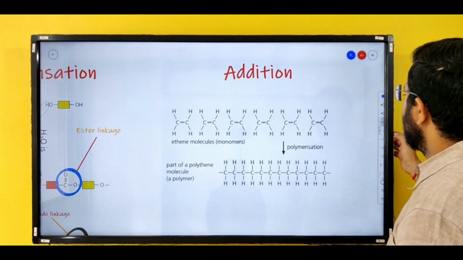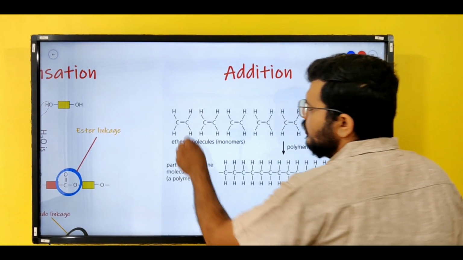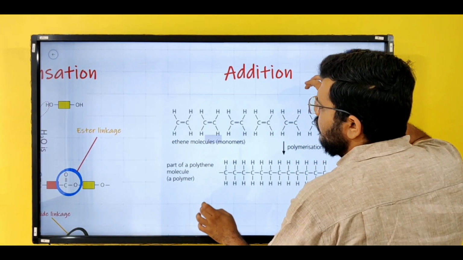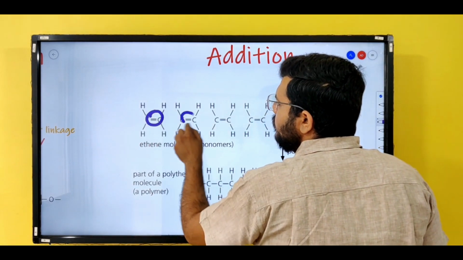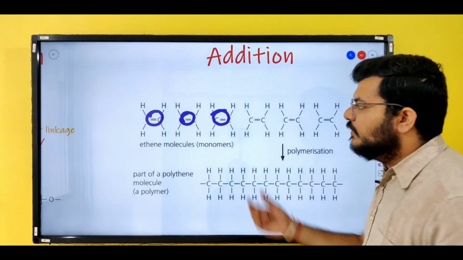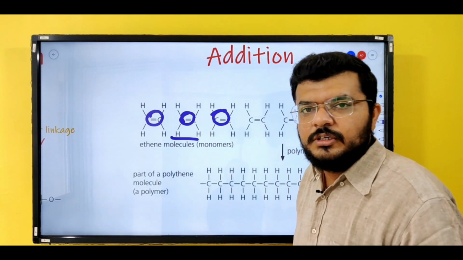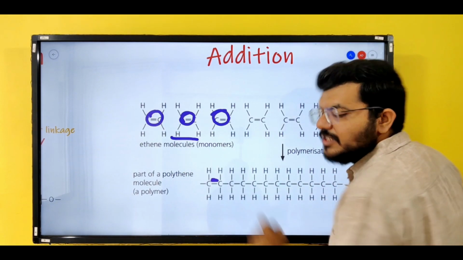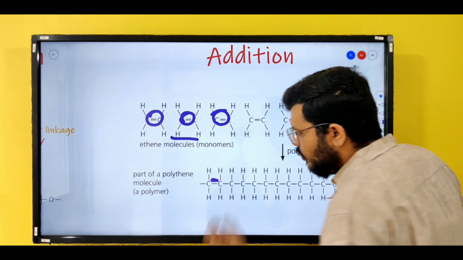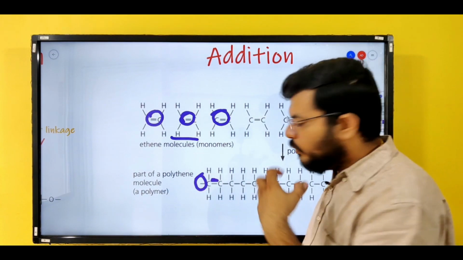First is addition polymer. Basically what we have seen in addition polymer, the double bond will break. These double bonds will break and they will be able to accommodate one more ethene molecule, right? You can see here there was a double bond just like this. It was broken and therefore this bond is possible.